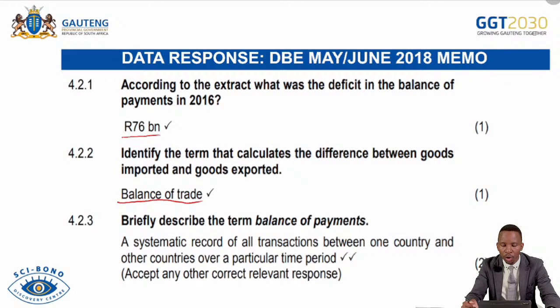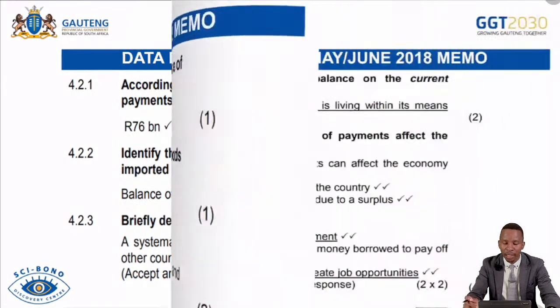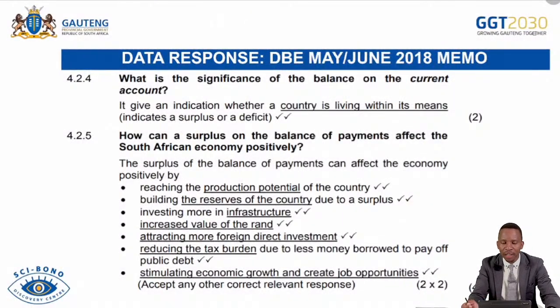So, a systematic record of all transactions between one country and another country over a particular period. There was no such definition in the given extract or data response. So that means now you are required to use your content knowledge. Any related and correct or relevant answer about the definition will be marked correct. What is the significance of the balance of payment on the current account?